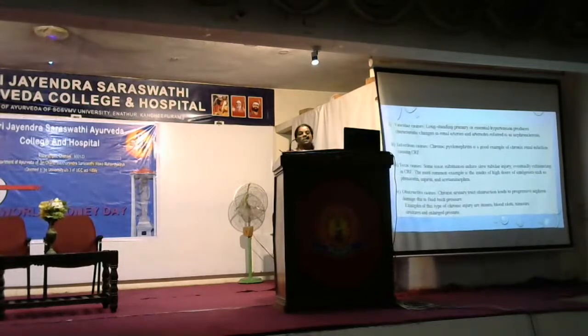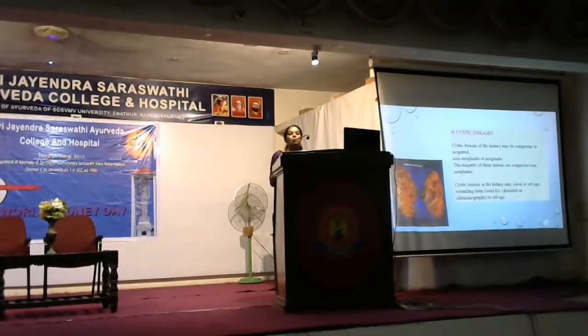And obstructive causes, we all know about the obstructive causes of renal diseases, like malignant tumors, prostatic hypertrophy, masses, and obstruction due to renal calculi. The next cause leading to chronic kidney disease is cystic diseases. Cystic diseases can be congenital or non-congenital, neoplastic or non-neoplastic.